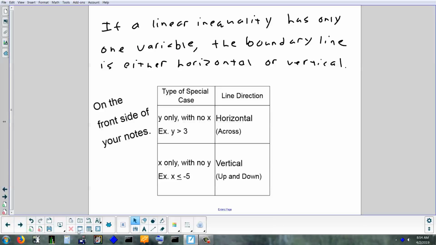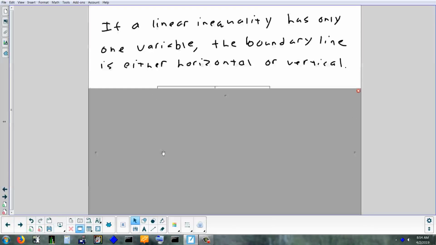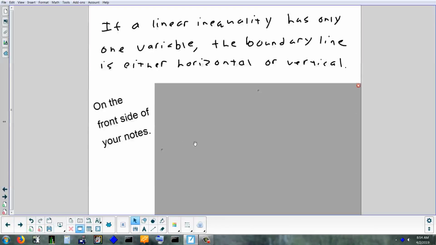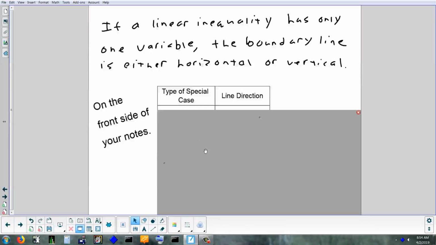Now, if the linear inequality only has one variable, like y, then one of the signs, less than or equal to, greater than or equal to, and then just a number, so there's only one variable, we call that a special case.